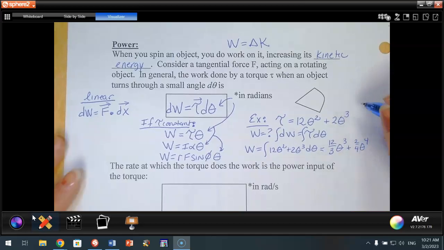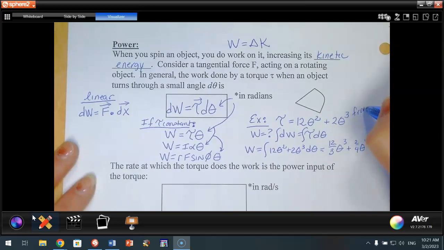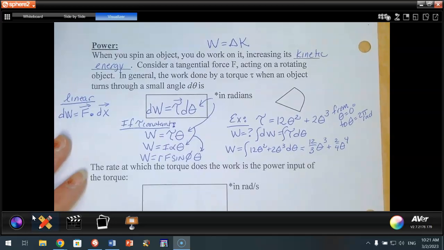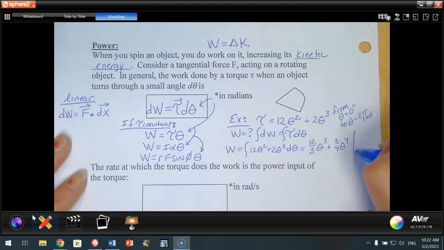And then let's say that we're evaluating this from theta equals 0 degrees to theta equals 2 pi radians. Keep in mind 0 degrees and 0 radians are the same. So if I'm going to be evaluating this, then I don't need to add a plus c. So let's evaluate from 0 to 2 pi.